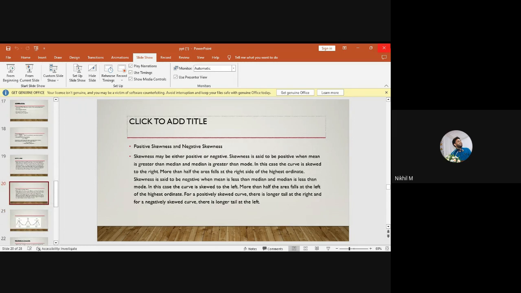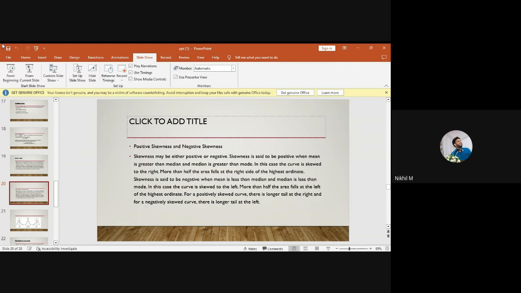Any queries? Also, there are some questions related to measures of central tendency, measures of dispersion, skewness, and kurtosis. Nearly 70 objective questions are required.